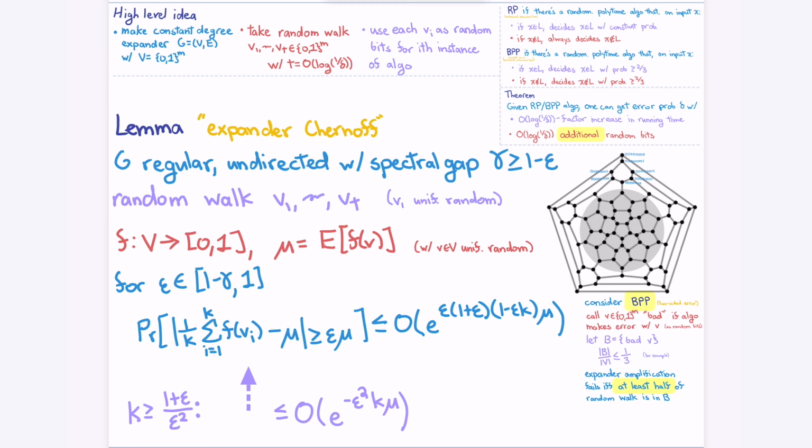Okay, there's a little bit of mess here. Now, one thing I want to point out is that the epsilon is actually controlled a little bit by the spectral gap. It says gamma has to be greater than or equal to 1 minus epsilon. That's also saying that epsilon has to be bigger than 1 minus gamma. So we can't necessarily get arbitrarily small epsilon, but you can make an expander that's good enough.